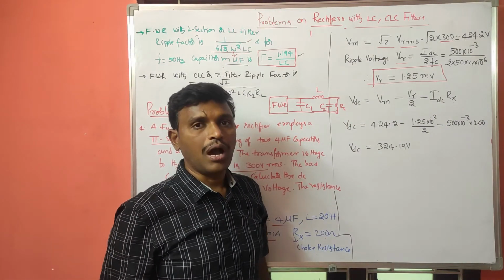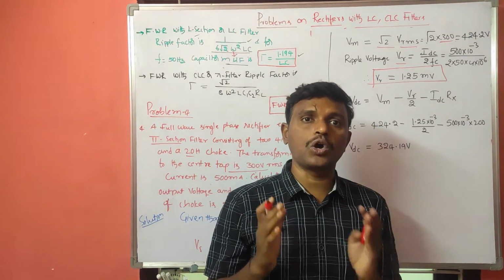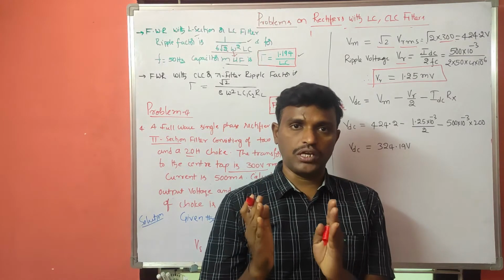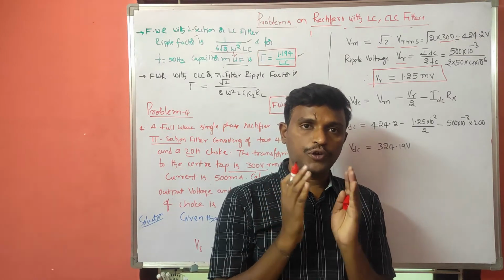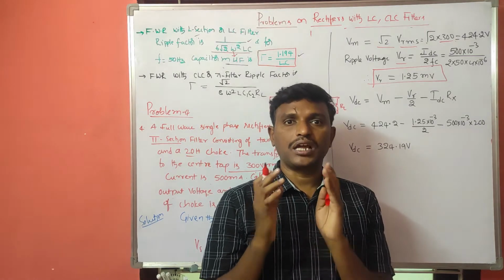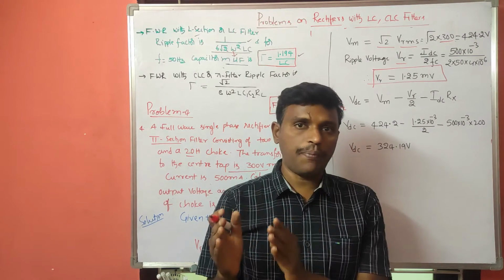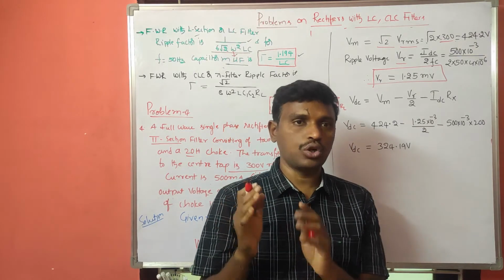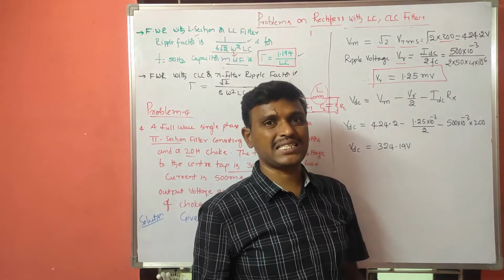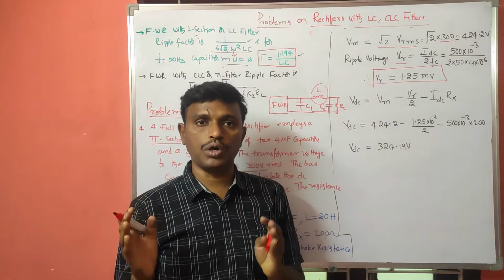After getting the ripple voltage, we have to calculate the total DC output voltage. Here the maximum voltage is Vm. If you subtract from that maximum voltage the ripple voltage or AC voltage and the voltage drop across the choke resistance, you get the total DC output voltage.